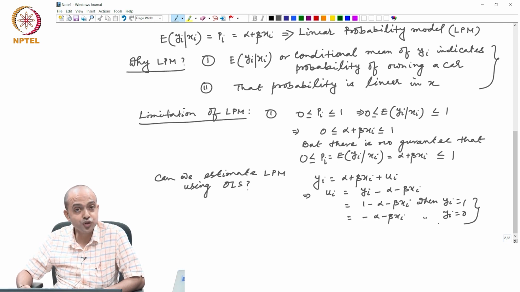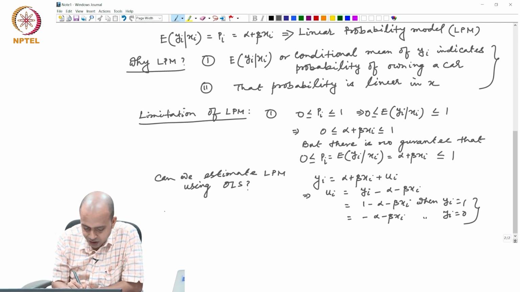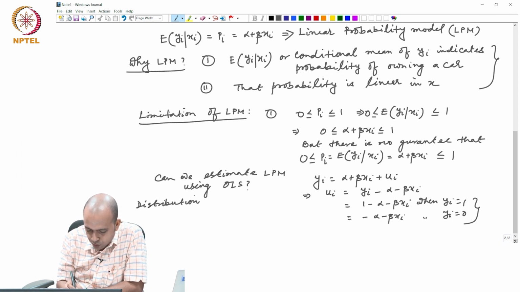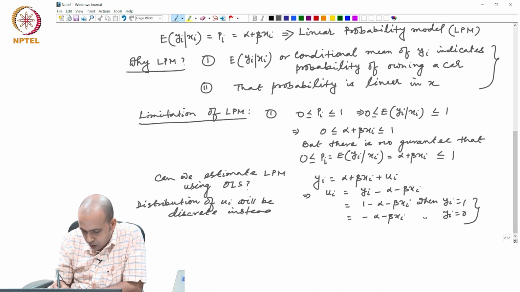What would be the distribution of ui? The distribution of ui will be discrete instead of normal.